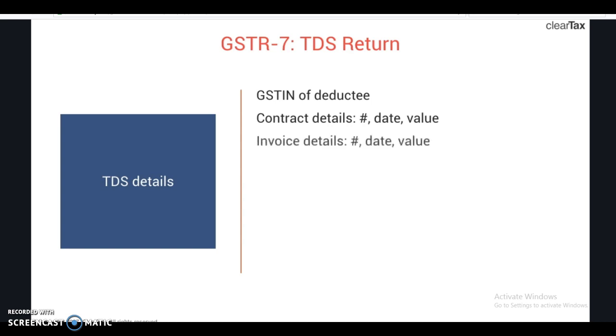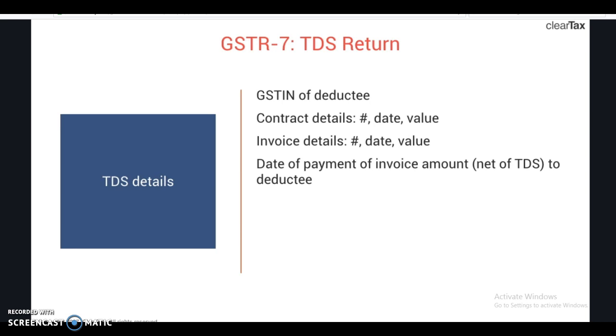The invoice details including all these three: number, date and value. The date of payment of invoice amount after deducting tax, of course. Amount net of TDS to the deductee when the recipient has paid the invoice amount to the deductee, the supplier.